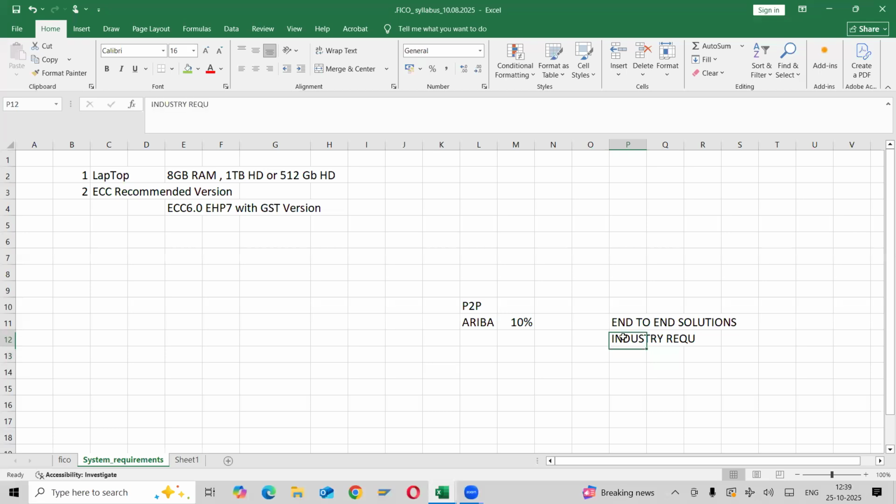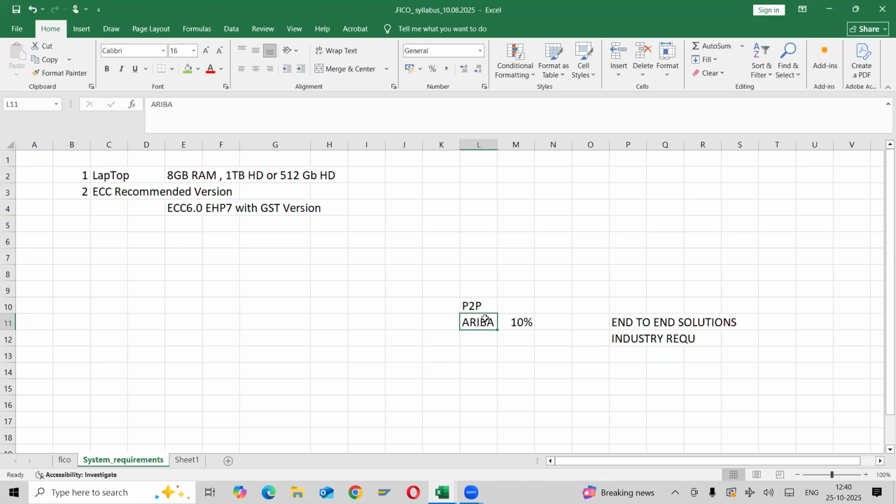Industry requirement in the sense, I want to use only the procurement process in my industry. I don't want FI, I don't want any other module. Then why would I buy the complete license? SAP came up with Ariba for procure to pay, some part, not even complete procure to pay. Only purchase requisitions and purchase order creation and all that will be done in Ariba.